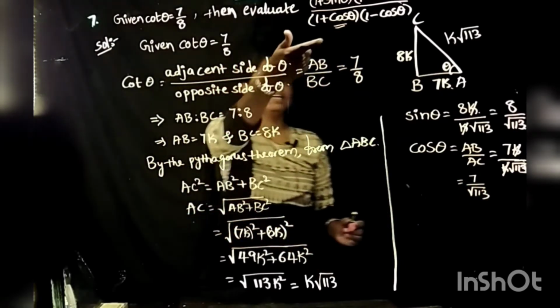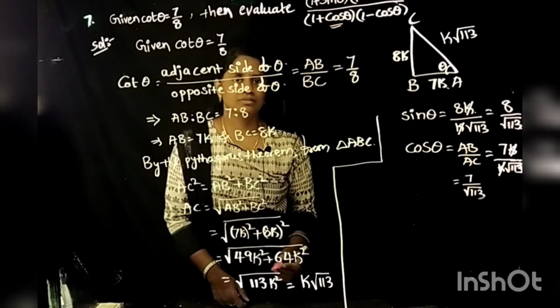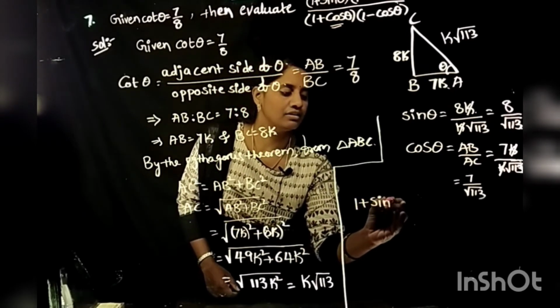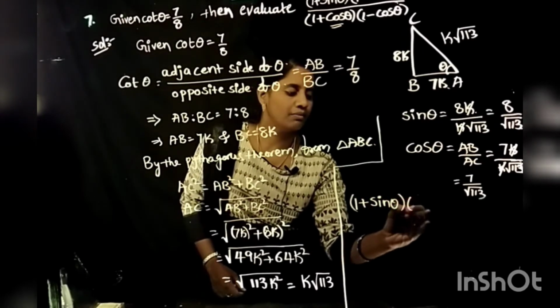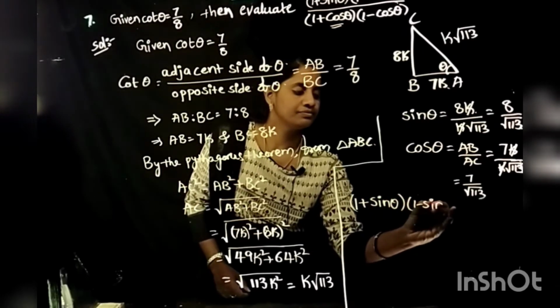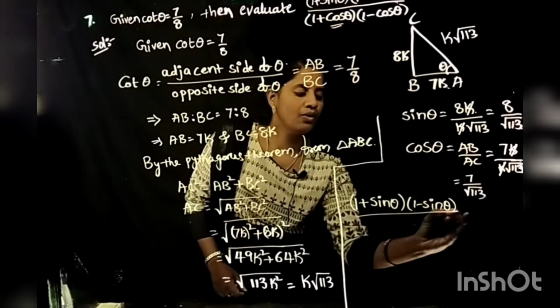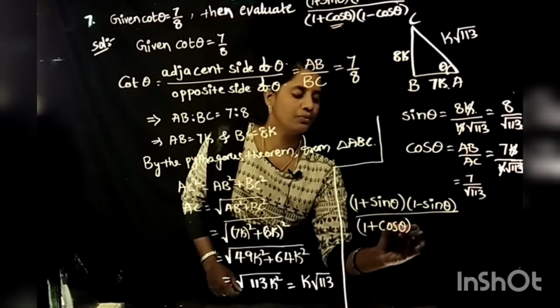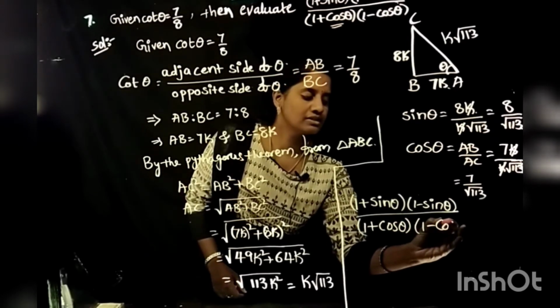What are we finding here? We are finding the value of (1 plus sin theta) into (1 minus sin theta) by (1 plus cos theta) into (1 minus cos theta).